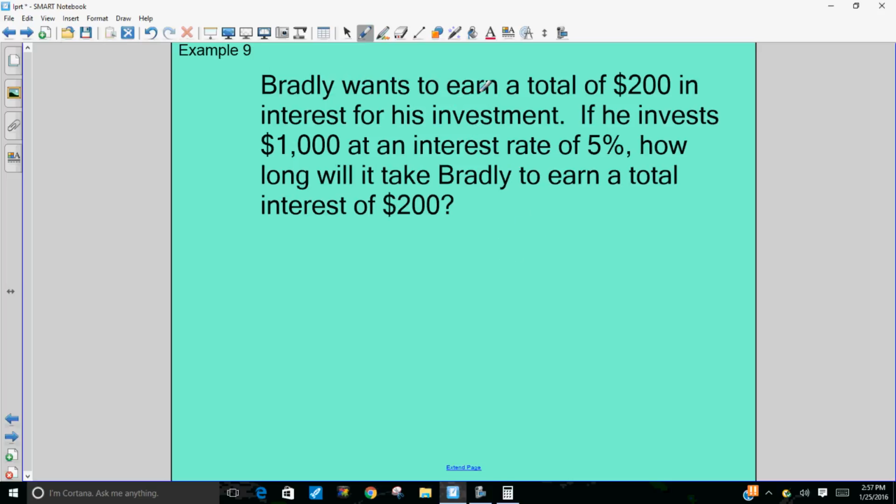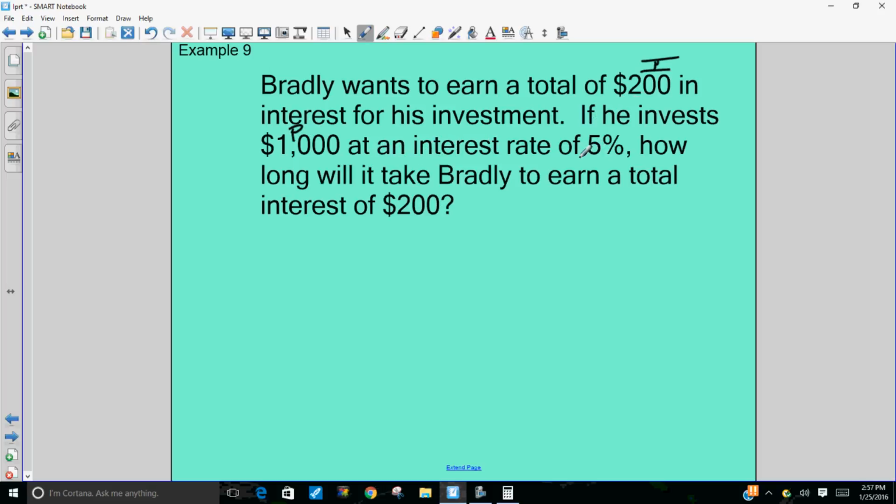Bradley wants to earn a total of $200 in interest for his investment. So this is he said he wants to earn $200 in interest. That's our I. If he invests $1,000, there's how much he's investing. So that's the principal.